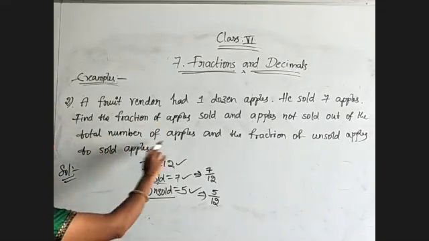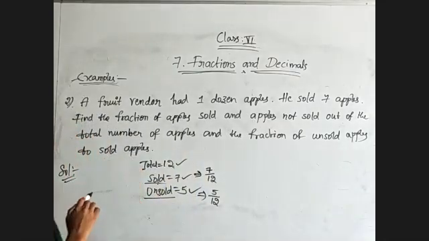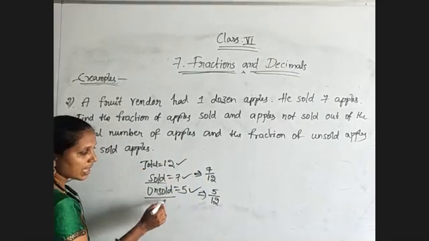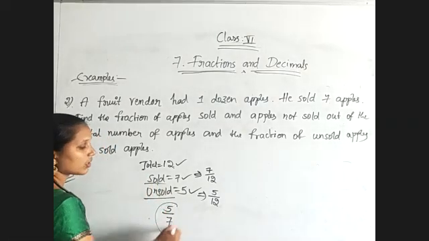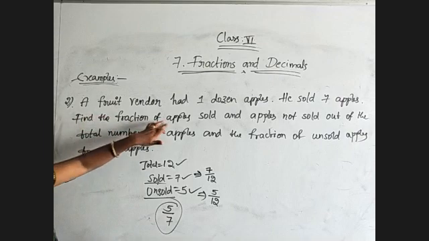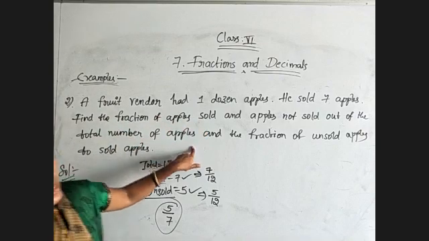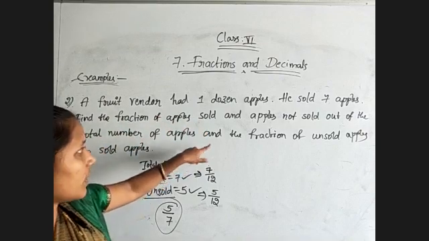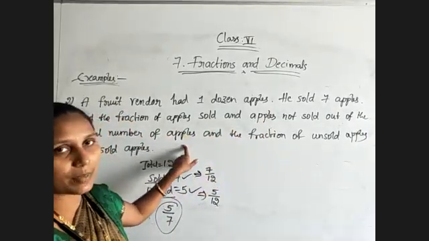And also we have the fraction of unsold apples to sold apples. Unsold apples are 5, sold apples are 7. So this is the third fraction. Here they are asking 3 questions. Observe the first question: find the fraction of apples sold to the total number of apples, as well as apples not sold out of the total number of apples.